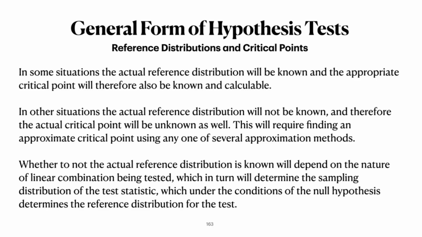This will require finding an approximate critical point using one of the two approximation methods that we've been looking at. Whether or not the actual reference distribution is known will depend on the nature of the linear combination about which we're testing, which in turn will determine the sampling distribution of the test statistic, which under the conditions of the null hypothesis determines the reference distribution for the test.